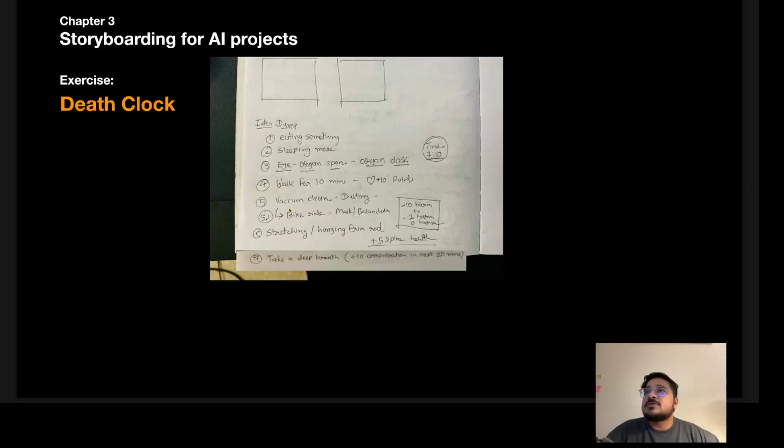Then I was also thinking that we should clean our houses more often. If you keep dusting, then your health will improve. But this was the fifth idea, and I created one more idea much more related to dust.